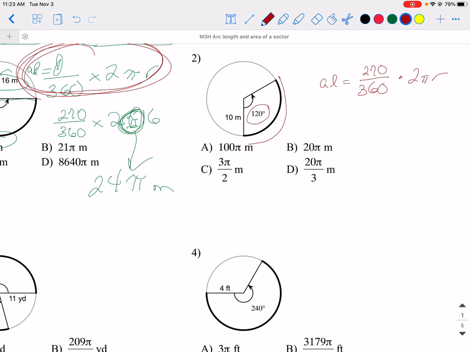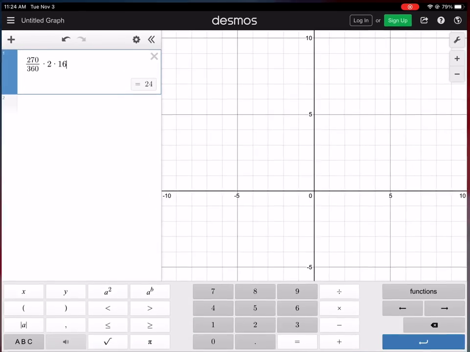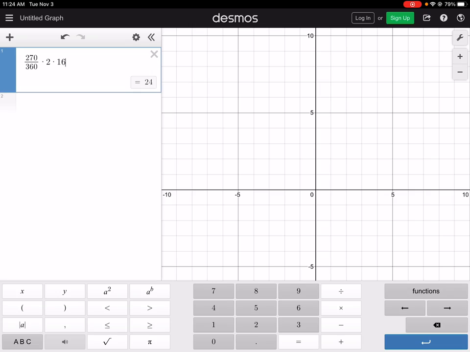And so I take that and my r, let me substitute that value in, 2 pi, and my radius, I can see is 10. So 270 divided by 360, 2 times 10. So 270, is it the same number?